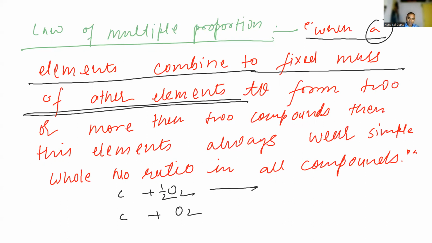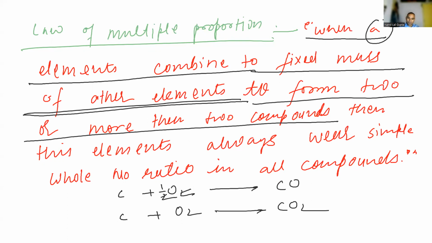This is forming CO, because this and this will be cancelled out, and another is CO2, to form two or more than two compounds. So these are two different compounds. And this is the fixed mass, they are saying this is the fixed mass.